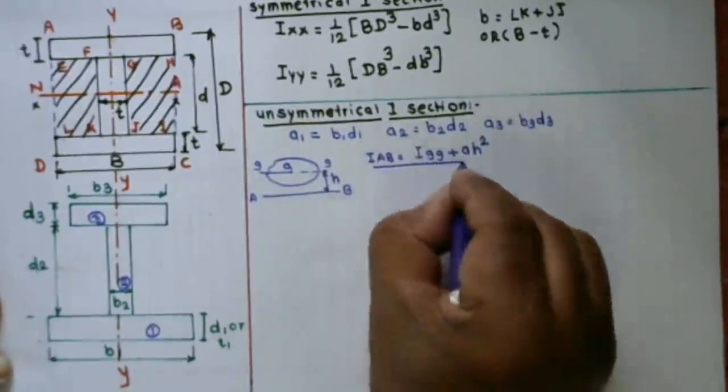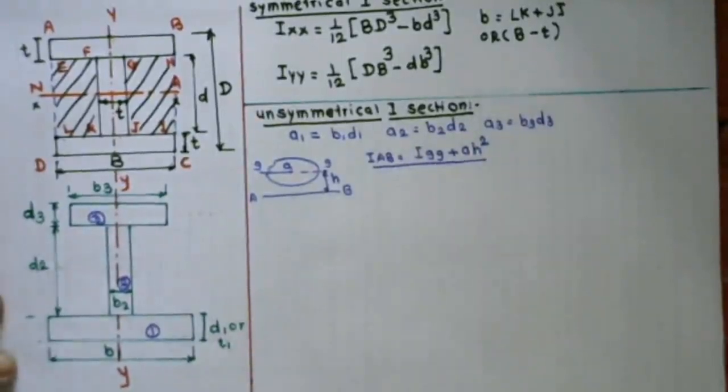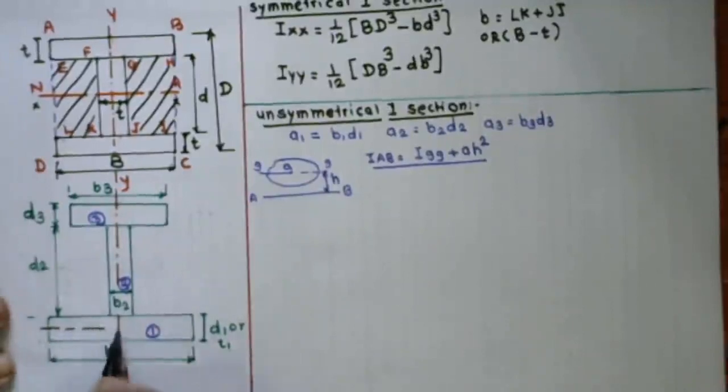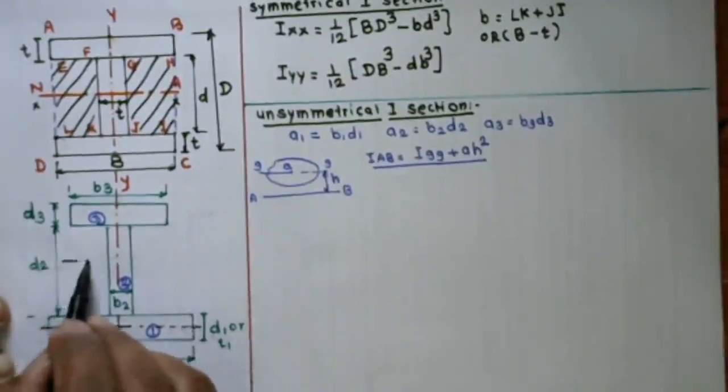This formula we have to use to calculate the moment of inertia about the XX axis. So I am putting the first centroidal axis passing through the first section, and the second passing through the second section.